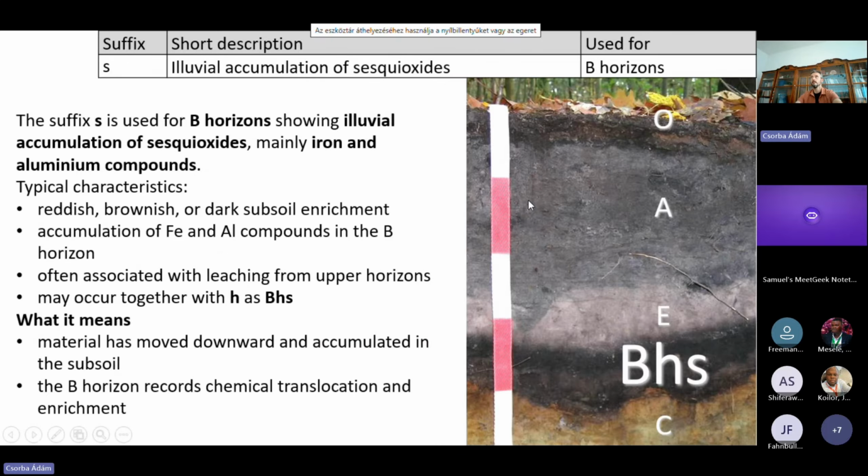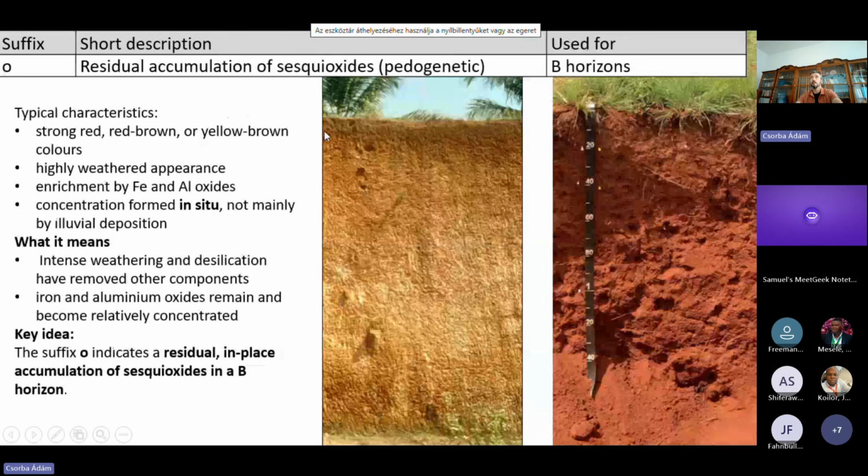So if we don't see such a very characteristic horizonation in the soil, but the soil is very red, which means the enrichment by iron and aluminium oxides, and it is strong red-brown, yellowish-brown, but we cannot see that these materials moved downward in the soil, that means the residual accumulation of sesquioxides in the soil.